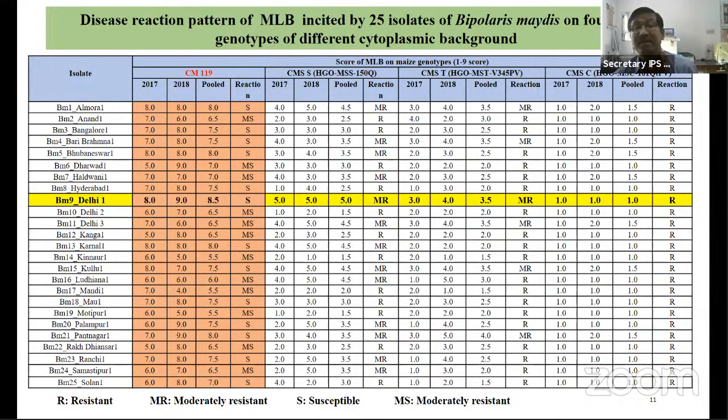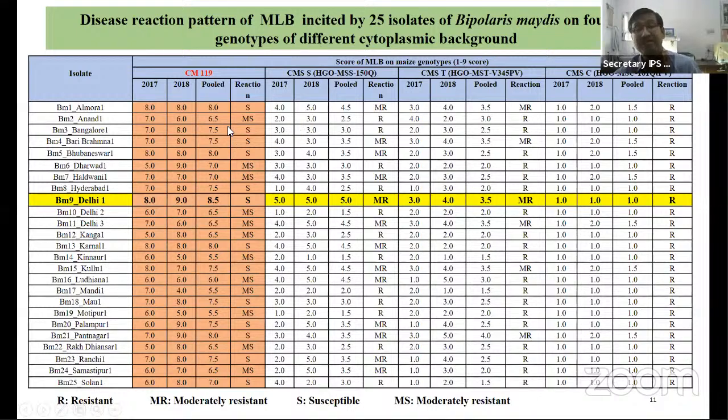Here you can see the categories CMS-S, CMS-T, and CMS-C. These are our cytoplasmic male sterile lines, and this is CM119, highly susceptible to this pathogen, Bipolaris maydis. So it is having normal cytoplasm.